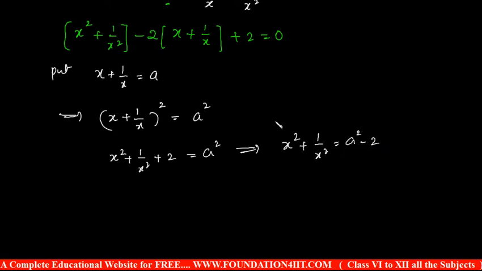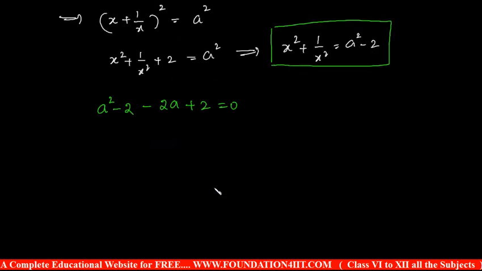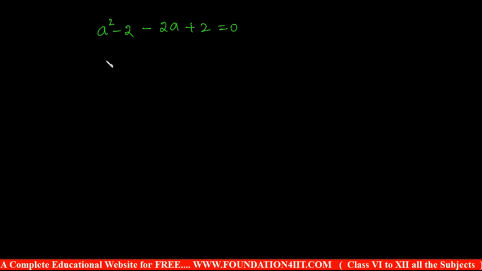We can substitute these values in the given equation. Then it becomes (a^2 - 2) - 2a + 2 = 0, since x^2 + 1/x^2 is a^2 - 2 and x + 1/x is a. This becomes a quadratic equation and you can simplify: a^2 - 2a, and -2 + 2 get cancelled.